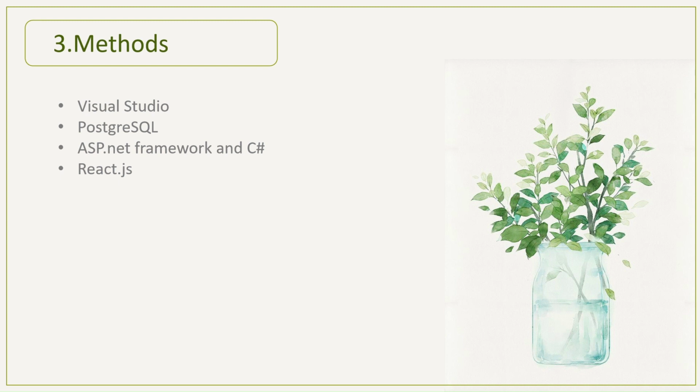C# is a modern programming language, which is the main development language of the .NET framework. Finally, the front-end development is completed using React.js. React.js is an open-source JavaScript library that can be used to build user interfaces.